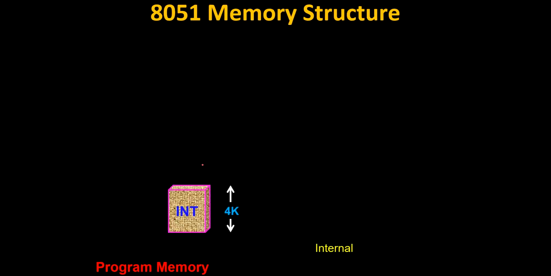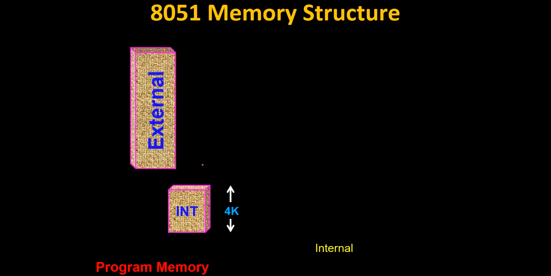So the 8051 memory structure has a program memory. Totally we have the internal ROM. This is your internal ROM. When EA is equal to 1, it is taken as internal memory location, so we can use this to store our program.